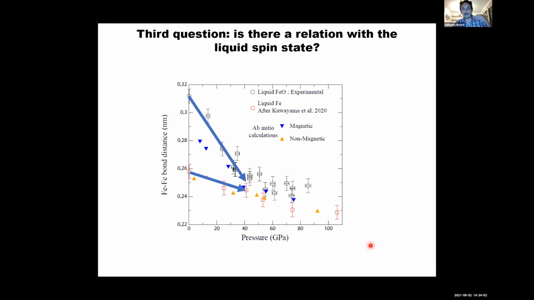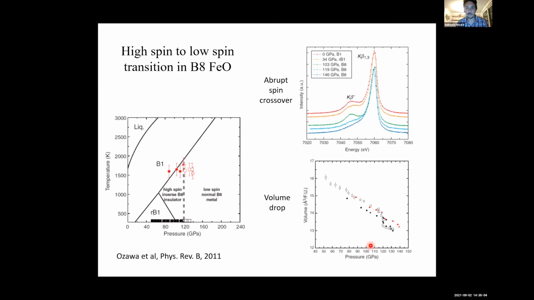So the third question is how this is related with the liquid spin state, and what is going on at higher pressure. Because at higher pressure, as I said before, you have this spin transition, which in the solid state has been seen at around 120 GPa, where you have this volume drop, and that could maybe still be present at high temperature.